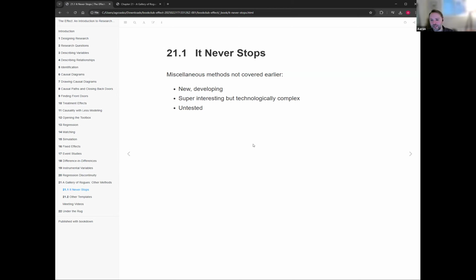They tend to be really interesting or promising, but more technologically complex, so it's really hard to show you the machinations of how these things work, since it's all hidden and abstracted away in a package. And some of these are not entirely tested. There's active research and critique still going on about whether this is a worthwhile method for a lot of use cases.